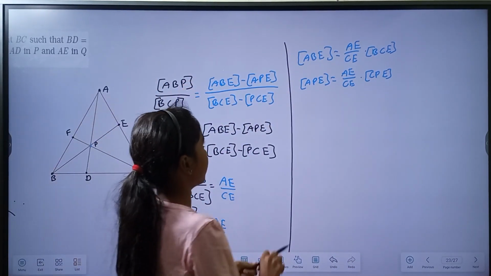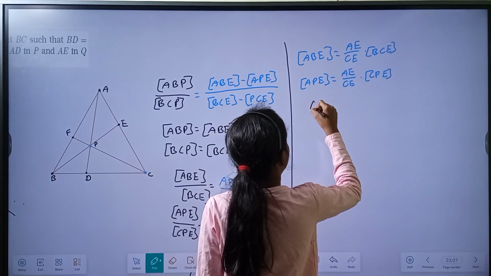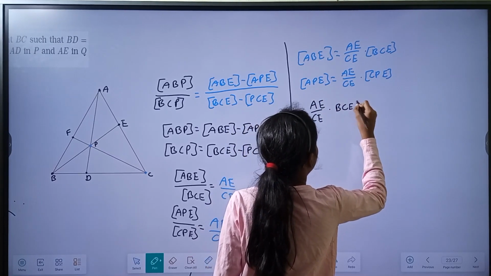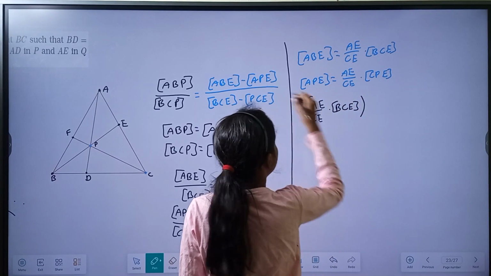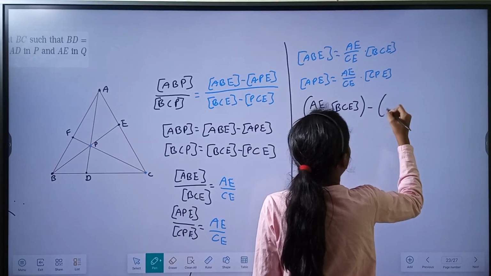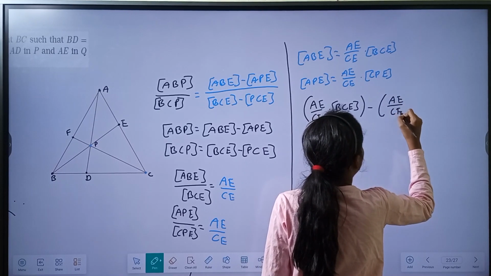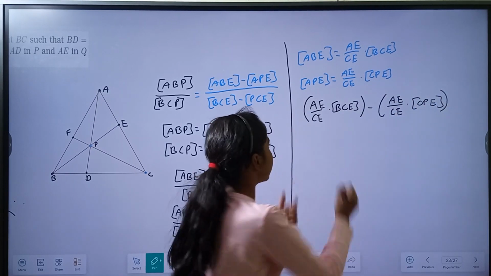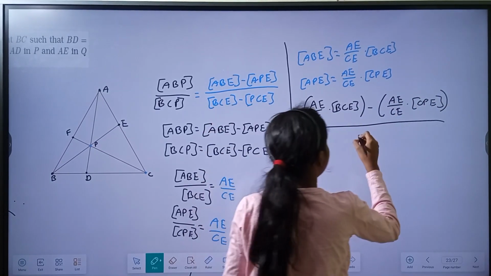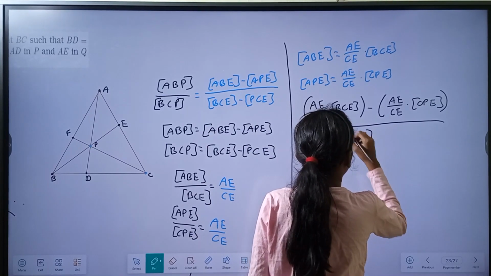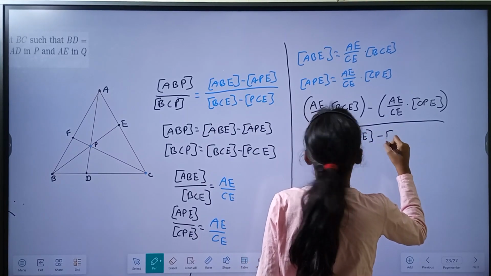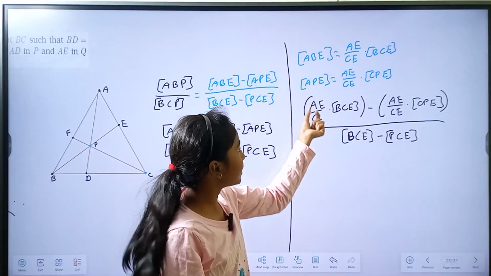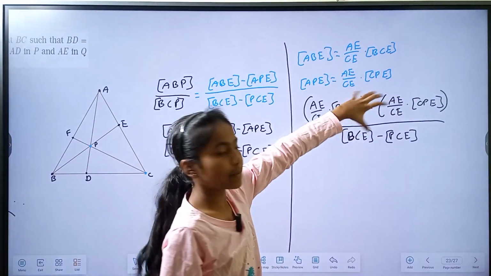So we have AE by CE into BCE, minus AE by CE into CPE, and this whole thing is divided by BCE minus PCE. Now in both terms of the numerator we have AE by CE, so we can take AE by CE common.